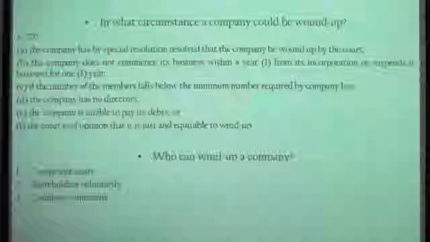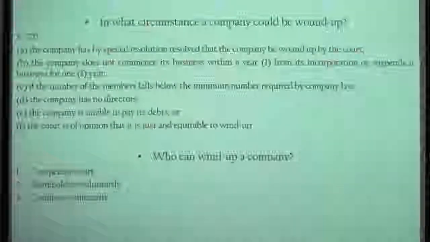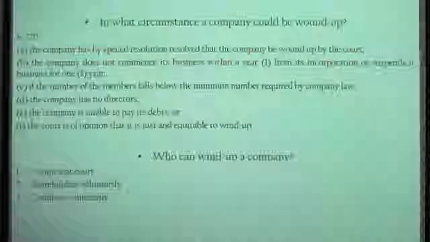Generally, in what circumstances could a company be wound up? Especially the winding up by a court. How can a court wind up a company?